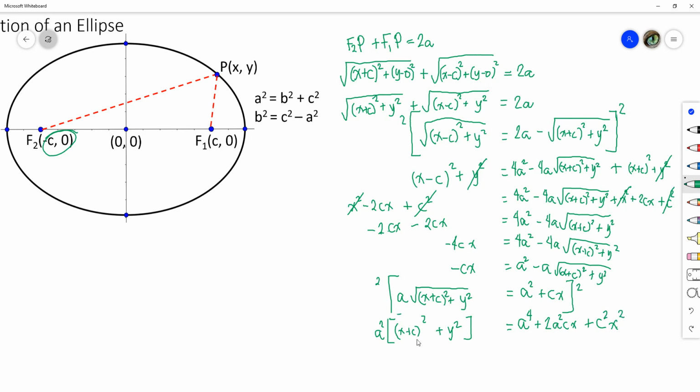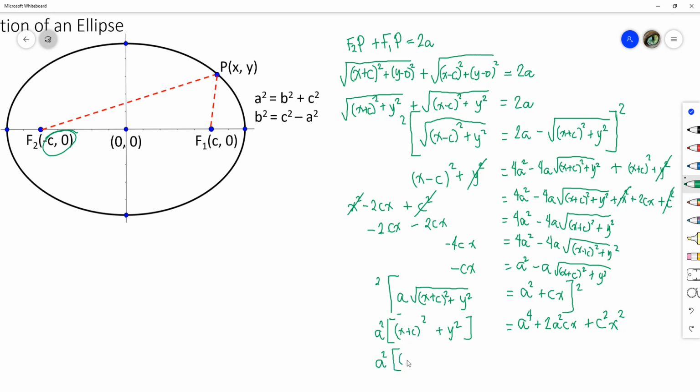Now, let's try to expand this one. Then we have a squared times the expanded form here.